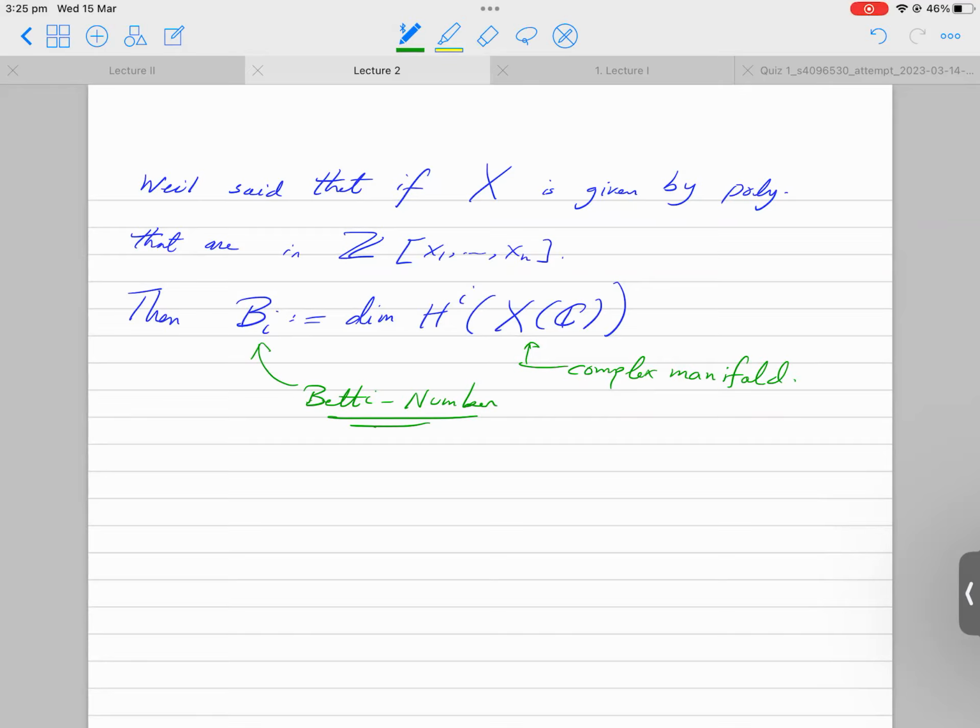To any system of equations, suppose it's non-singular, you can associate the corresponding manifold over C. First of all, this was the first indication that Betti numbers are algebraic and can be defined over characteristic p, which was a big surprise. In other words, one can compute b_i by counting points over finite fields.